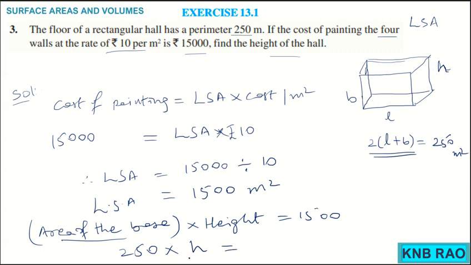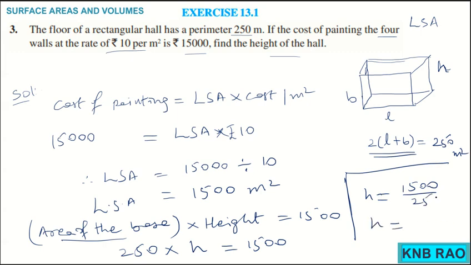So, 250 into h is 1500. On simplification, h equals 1500 by 250, which gives you 6 meter as the height. Now, you can write the conclusion: the height of the hall is 6 meter.